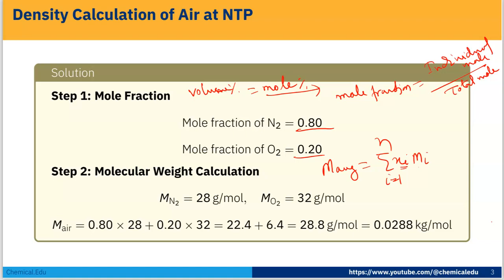So now M air, average molecular weight of air, is mole fraction 0.80 into 28 of the nitrogen, that is molecular weight, plus 0.20 into 32. So 0.20 is the oxygen mole fraction, 32 is the molecular weight. So if I do the calculation, we will get 28.8 gram per mole. So that is 0.0288 kg per mole. So this is the average molecular weight of air.